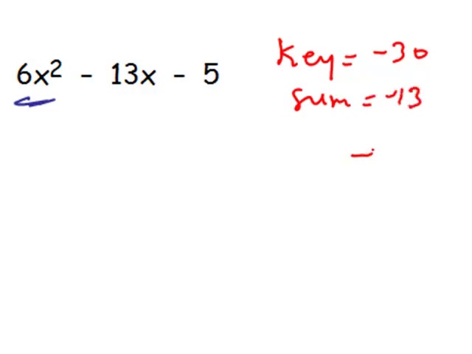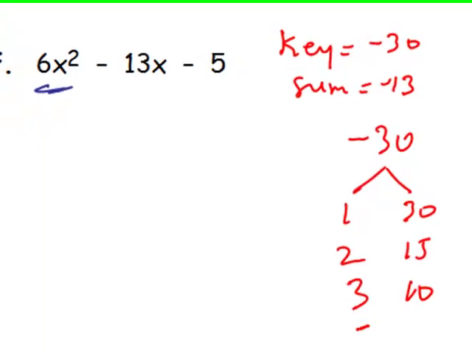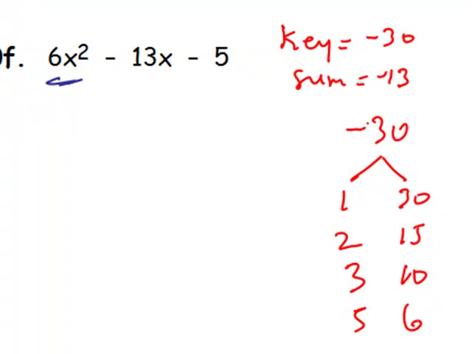So let's see, the factor game says negative 30, we need two factor pairs. I'm just going to write here 1 times 30, 2 times 15, 3 times 10, 5 times 6. But because that's negative 30, I'm going to have to make one side negative and the other side positive. And then here's the solution to the factor game, positive 2 and negative 15.